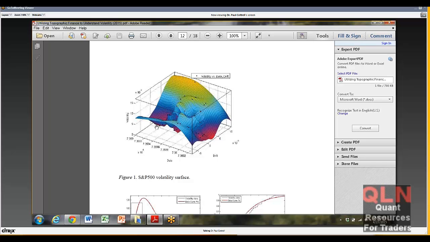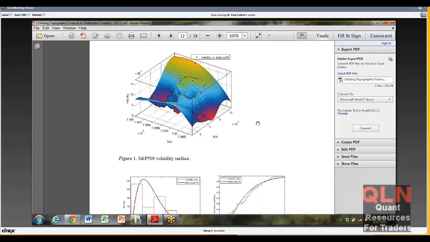So what's interesting here is there's two things to keep in mind when reading these surfaces. One is the qualitative aspect and the quantitative aspect. Volatility isn't an exact science, so you have to do a mixed method to understand volatility.